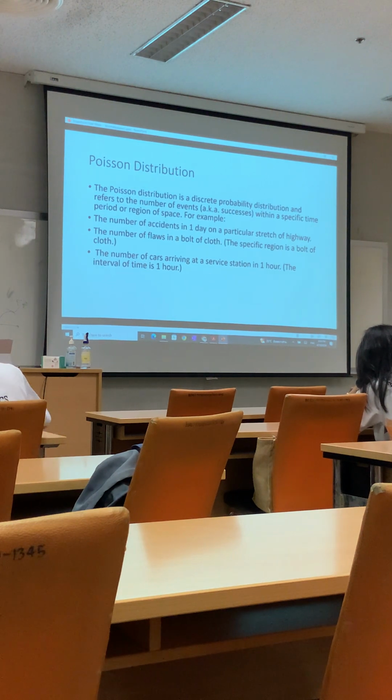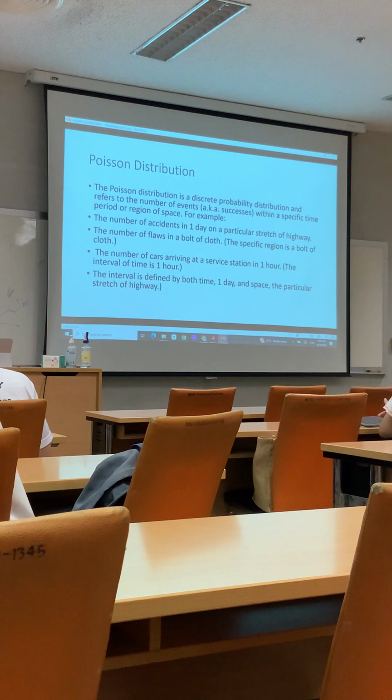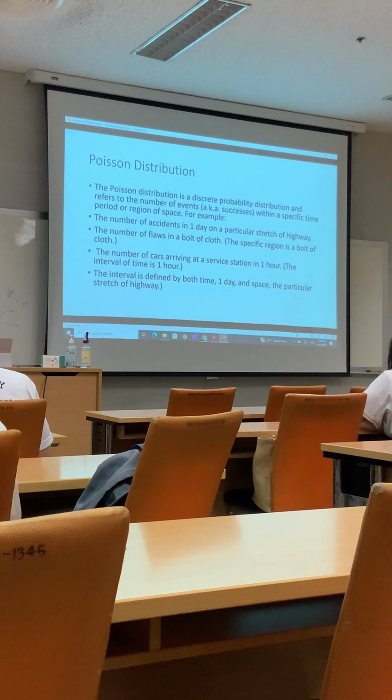And it could be the number of cars arriving at a service station in 1 hour. So again, we're talking about time space, in 1 hour. The interval is defined by either time, it could be 1 day, or space, like a particular stretch of highway.